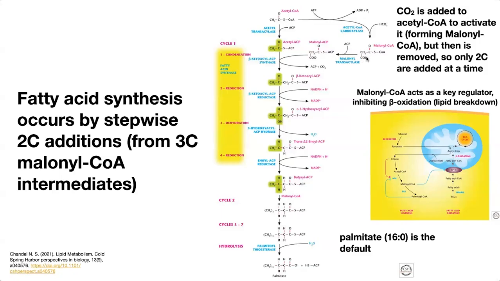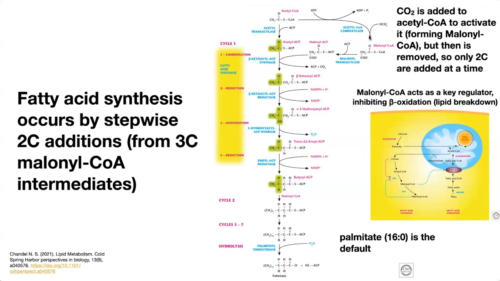So we have this carboxylic acid group with a ketone that's going to be in the alpha beta position. As we discussed in the citric acid cycle, decarboxylation of a beta keto acid is thermodynamically favorable. And so this is going to provide the energy that we need in order to join these carbon groups together. The carboxylation is happening with this acetyl-CoA carboxylase, and this is going to give us our malonyl-CoA.